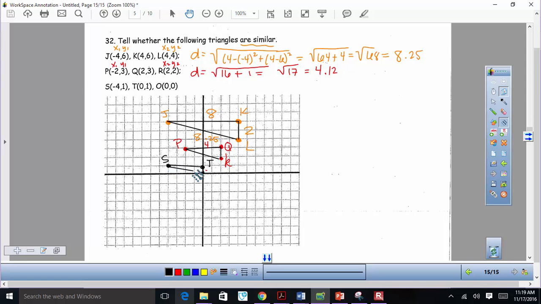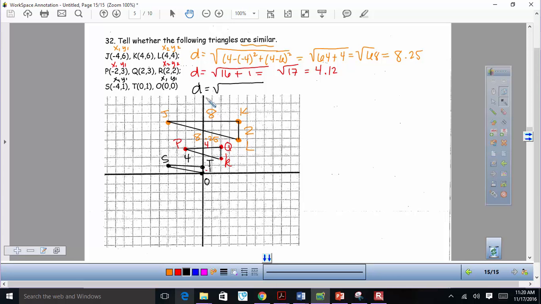Okay, so how long is ST? 1, 2, 3, 4. How long is TO? 1. Okay, and then we want to find the distance from S to O. We don't know that it is exactly a right triangle.